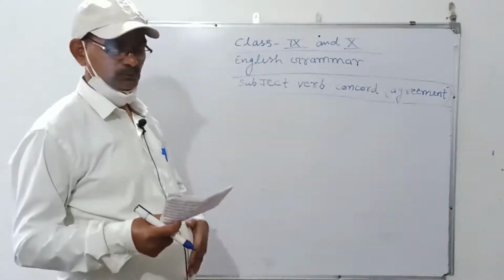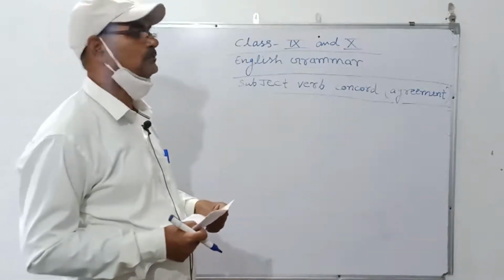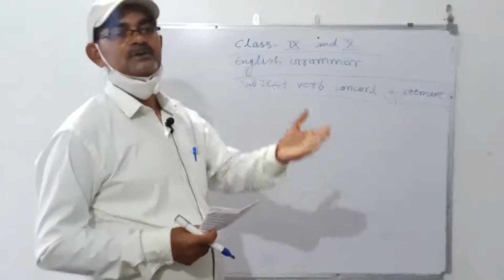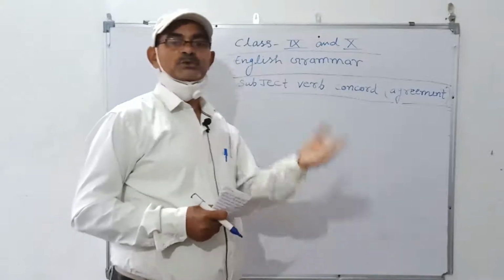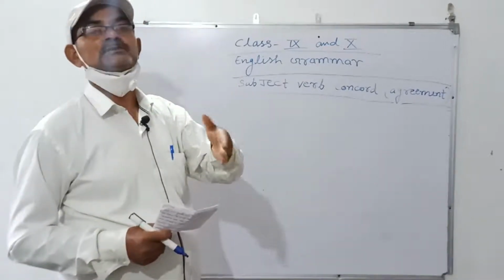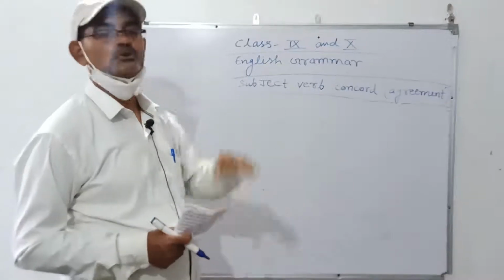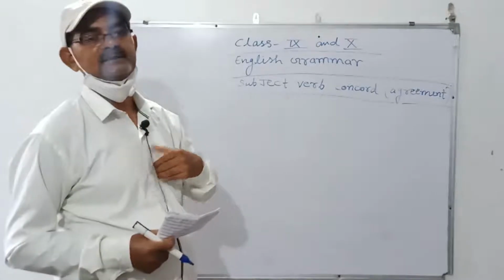I and you are used with a plural verb. So with I we use the plural form of the verb, and with you we also use the plural form of the verb. I say I play, you go, I go, I read, you read.